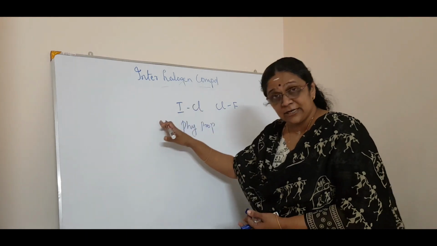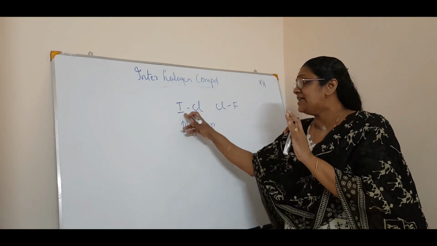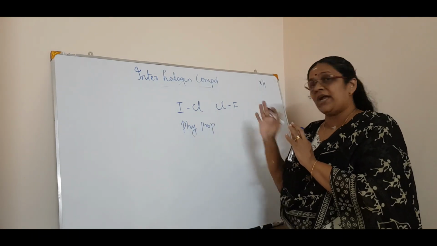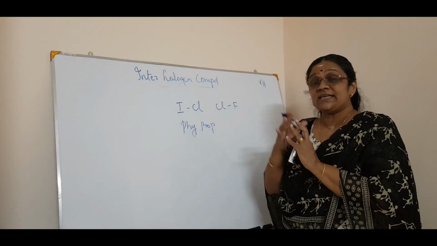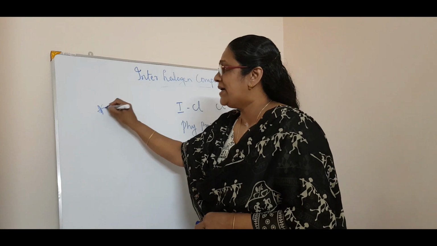It will be neither that of iodine nor that of chlorine, but intermediate between iodine and chlorine, or chlorine and fluorine, or bromine and fluorine. So that is a general trend. But here also there is one exception. What is that exception?